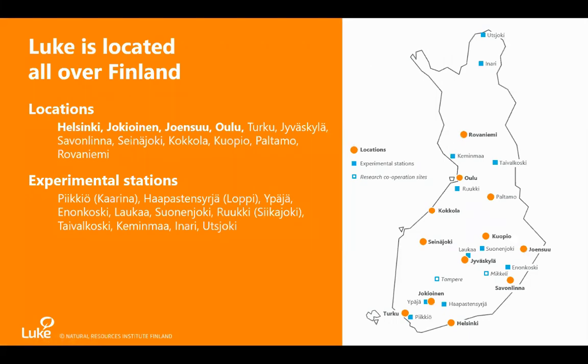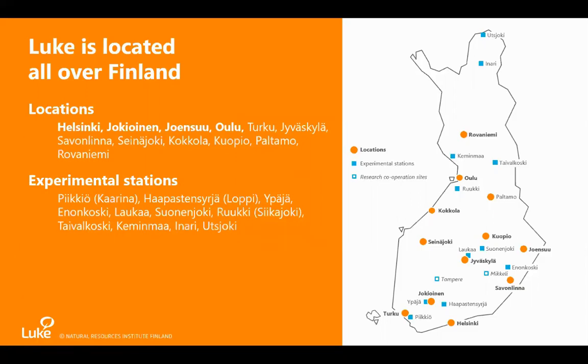Then, how we are located in Finland. We have 4 main locations. Our main office is in Helsinki, in Viikki. But in addition to the Viikki office, we have 3 other main offices. And personally, I work in Jokioinen, which is the main experimental location of Luke. A lot of our experimental work is done in Jokioinen, and the other main locations are in Joensuu and Oulu.